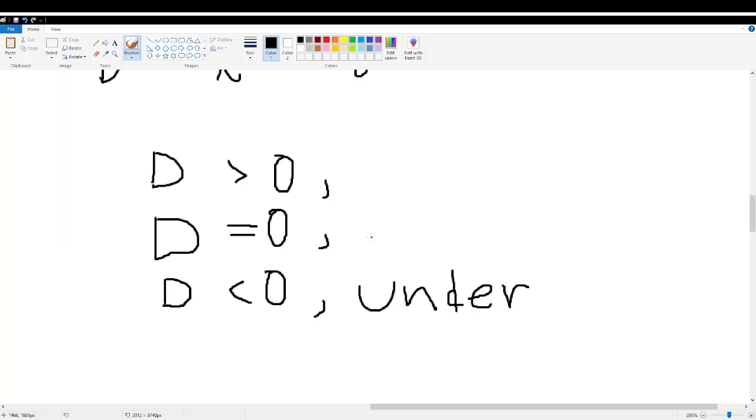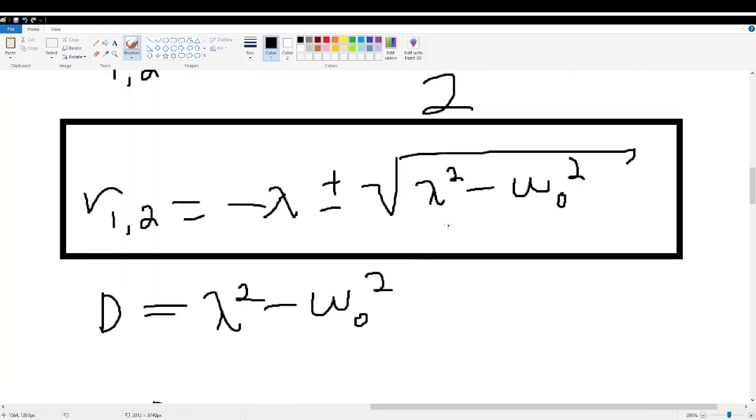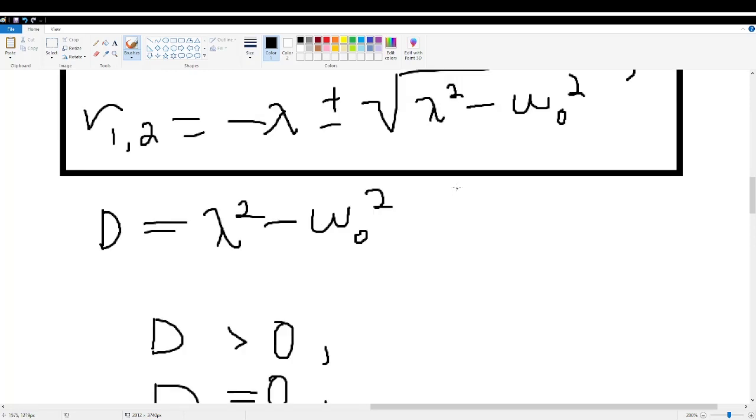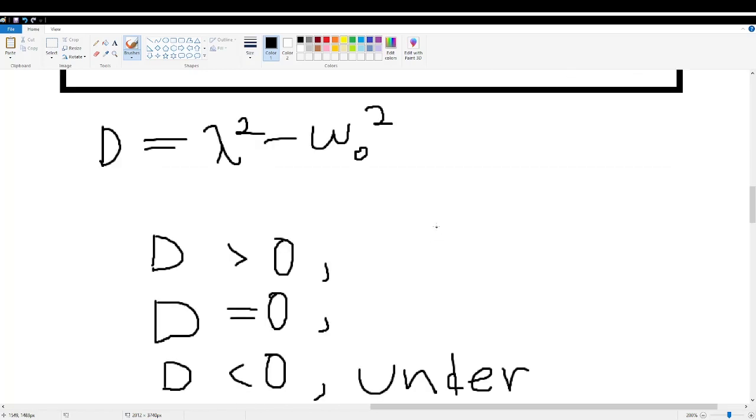So what we have remaining is those 2 cases I talked about previously, the overdamped and the critically damped. Now, it's quite clear that if the discriminant is positive, then this number is just going to be another positive number, so we're just going to have 2 distinct roots. And we know that if we have 2 decaying exponentials, they're just going to compete in the beginning, and then one of them is going to win, and it's just going to go down, right?